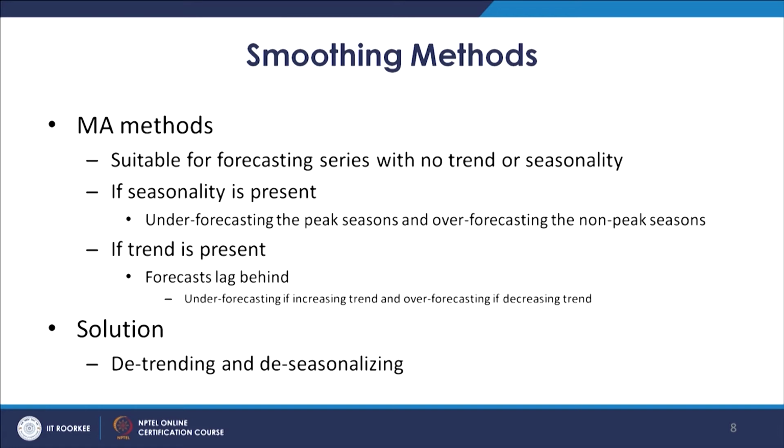So, the solution is to use de-trended and de-seasonalized time series. Just use these methods to forecast the level component of the time series, where only level and noise are present. Noise is going to be averaged out because of the characteristic of these methods, since we take the average of multiple observations.